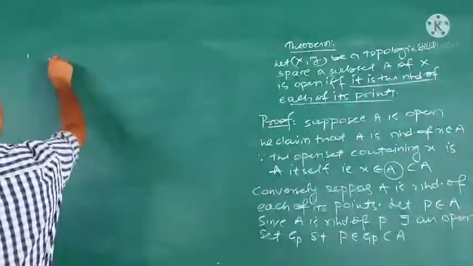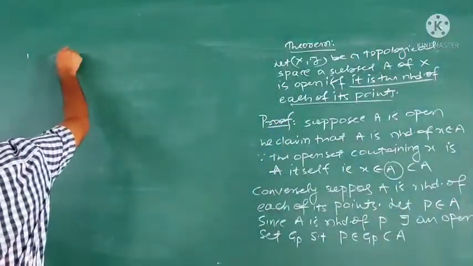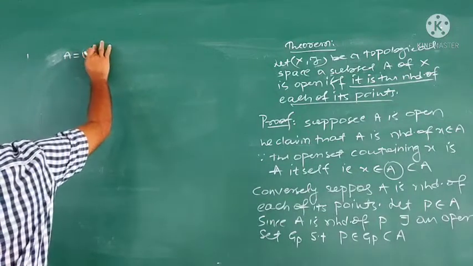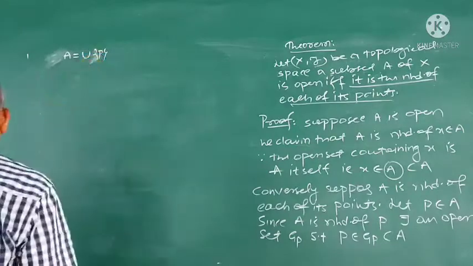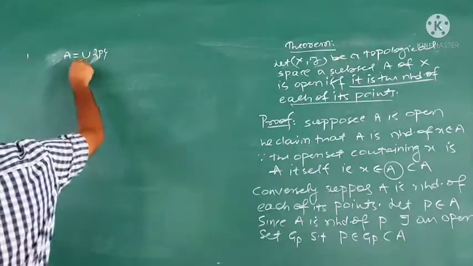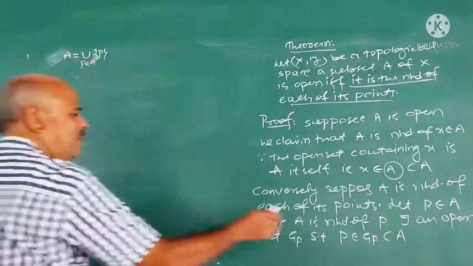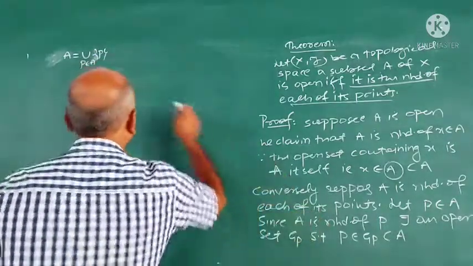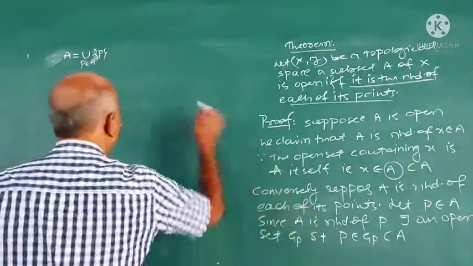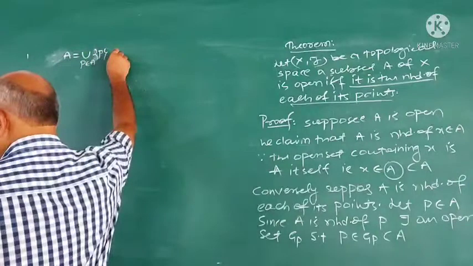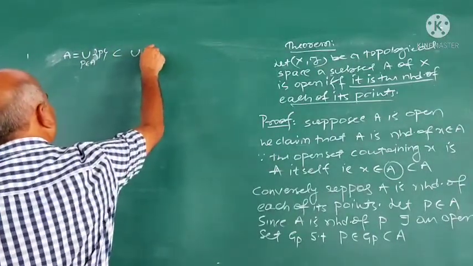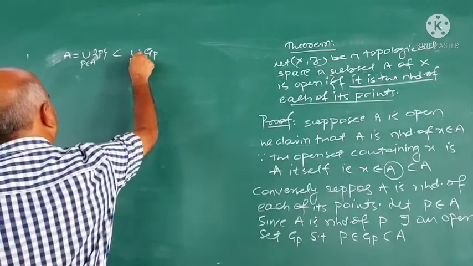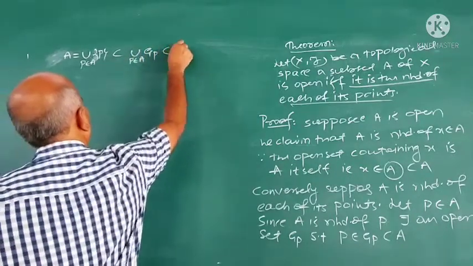Therefore, A is equal to the union of P, where P belongs to A, because P is an arbitrary point belonging to A. Therefore, A is the union of P, which is contained in the union of GP.